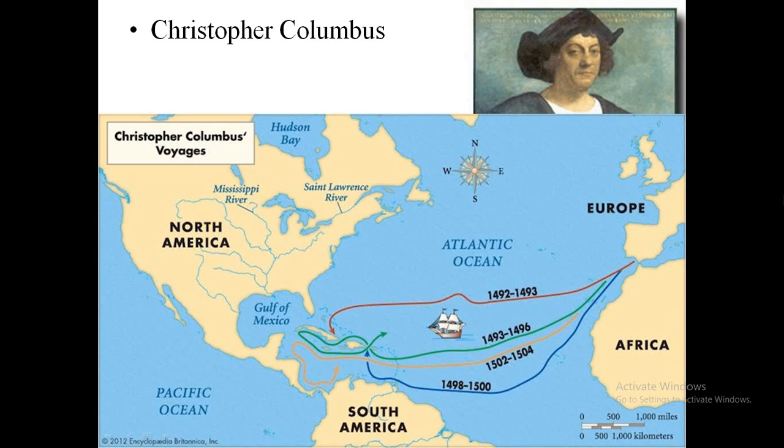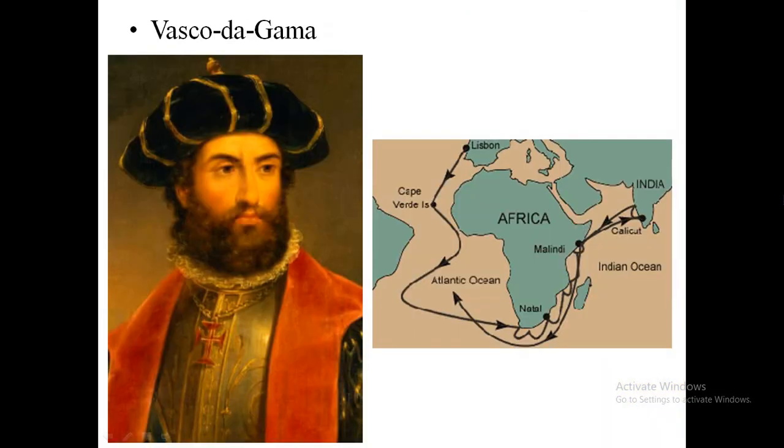In 1492 AD, Christopher Columbus set on his journey to India by sailing towards the west, but reached the eastern coast of the continent of America. In 1498 AD, Portuguese sailor Vasco da Gama managed to sail past the Cape of Good Hope and reached the Indian coast in Calicut.